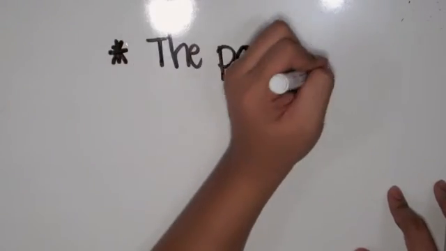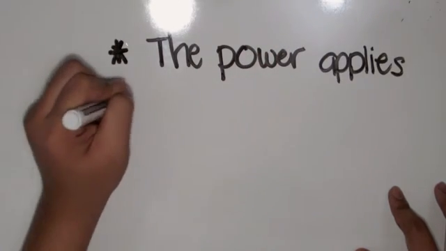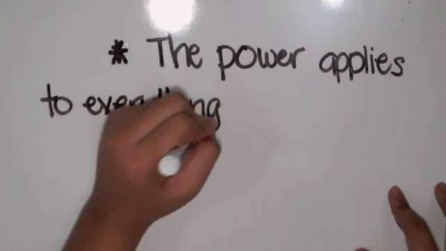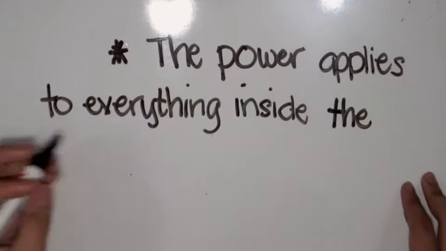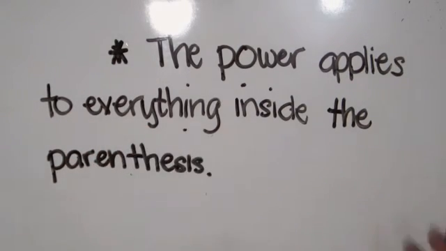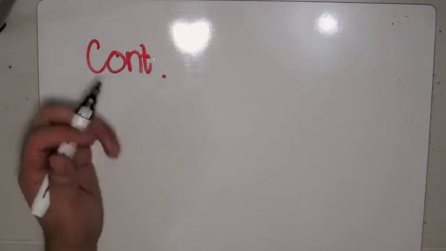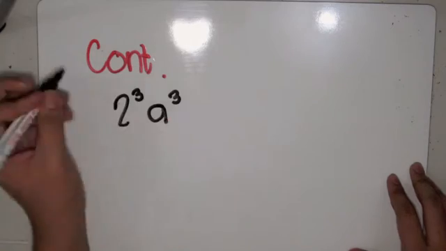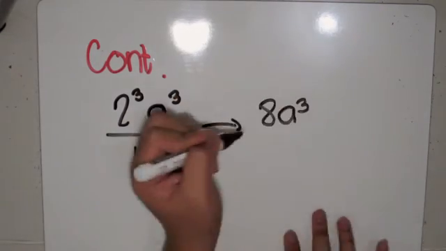Remember, the power applies to everything inside the parentheses. 2 cubed a cubed over b cubed.